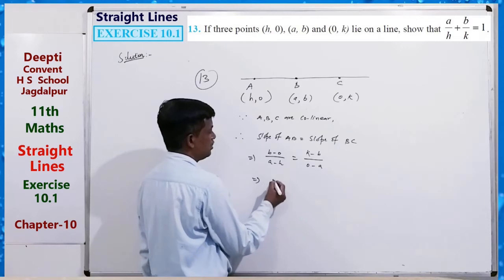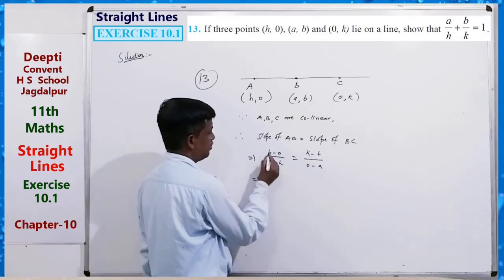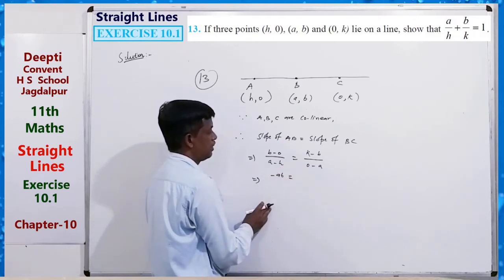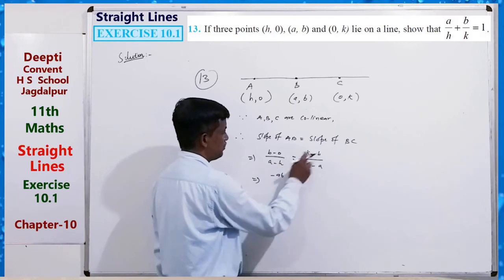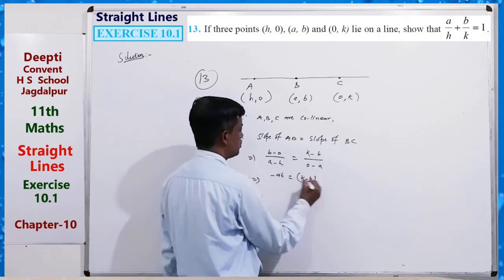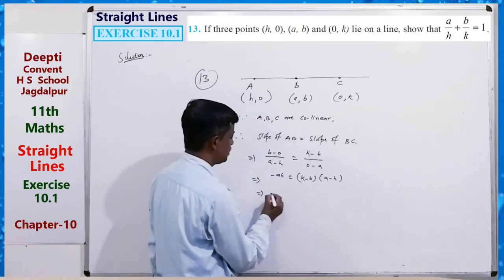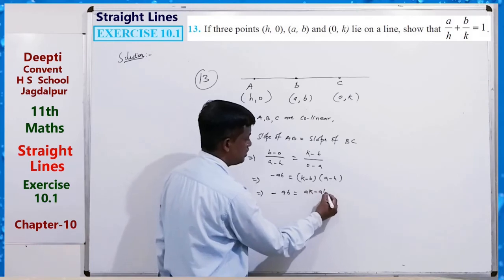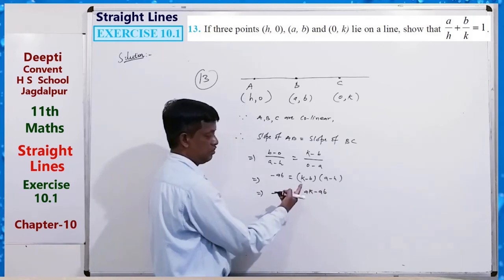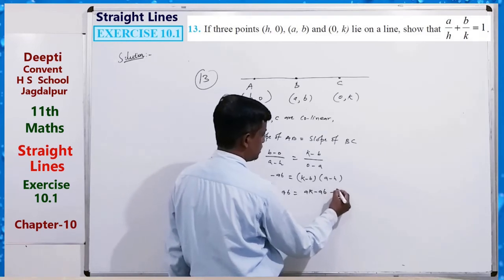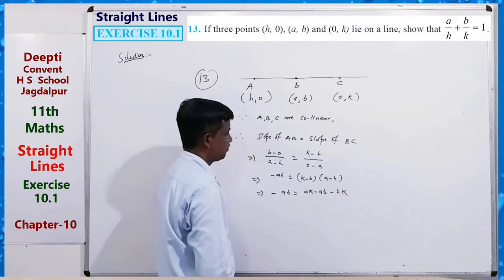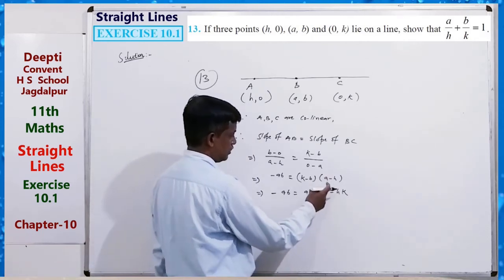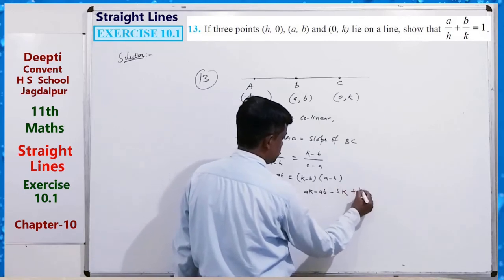So here we see that b into minus a, so minus ab equals (k minus b) into (a minus h). Just multiply it. Minus ab equals a into k minus ab minus hk plus bh.